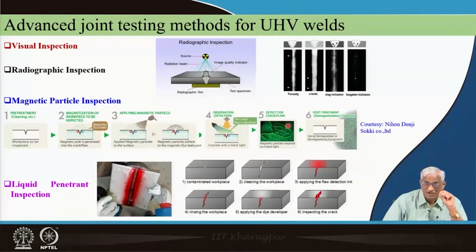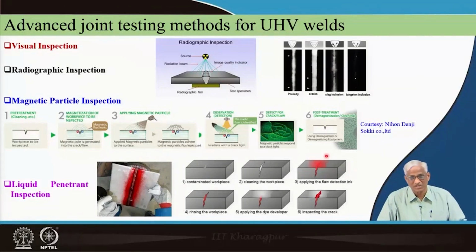You can understand that weld, that portion, is in trouble. These are all very high tech physical, scientific methods. Similarly, you dye it with some penetrant and then inspect it. These are all advanced technologies coming in a metallurgical route.